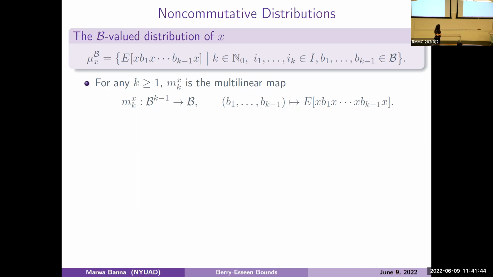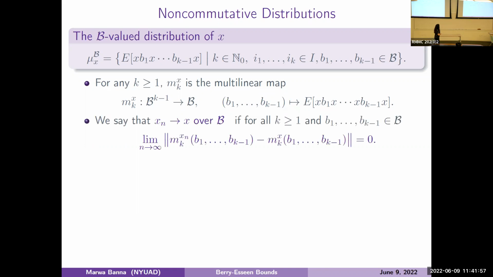And we're going to denote by m_k(x) the multilinear map that gives us the moments of x, the kth moment in these elements b_1 to b_{k-1}. And we say that x_n converges to x over B, in distribution over B, if all B-valued moments converge in norm.